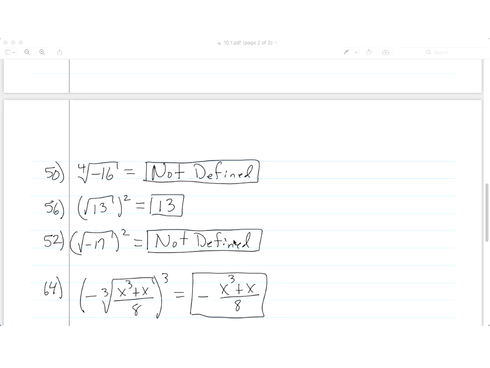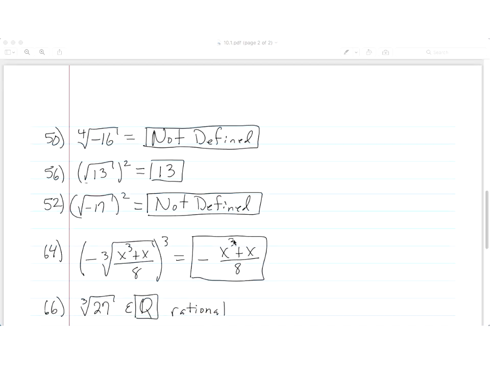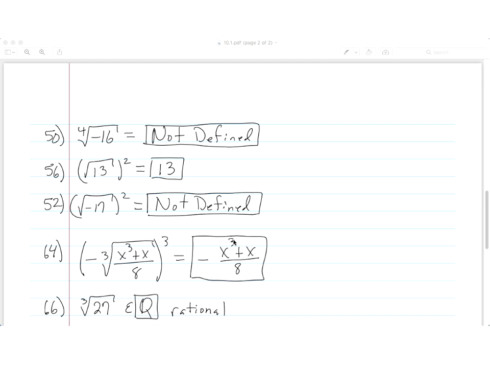Next. So let me do problem 66. If you have a root of some quantity, and if that quantity is a perfect nth power, then the nth root of the nth power will be rational.